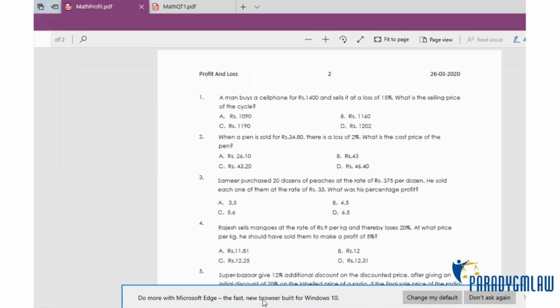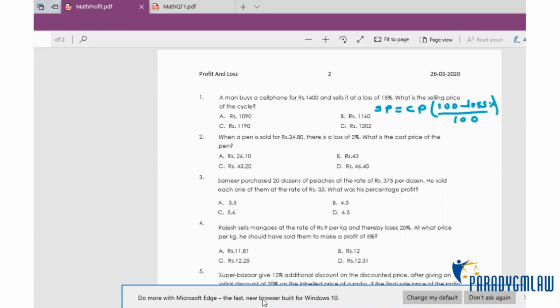So what is the SP formula? When there is a loss, SP is equal to CP into 100 minus loss percent by 100.